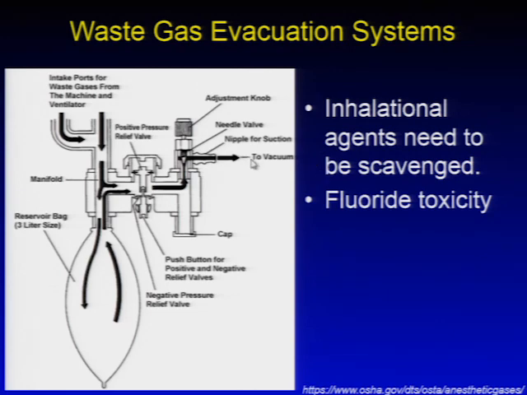So even though the OR environment is protected with this waste gas evacuation system, you have to remember that this vacuumed air contaminated with the inhalation agent is released from the hospital system, and so the general public may be exposed to the inhalation gas agent, which may cause fluoride toxicity.